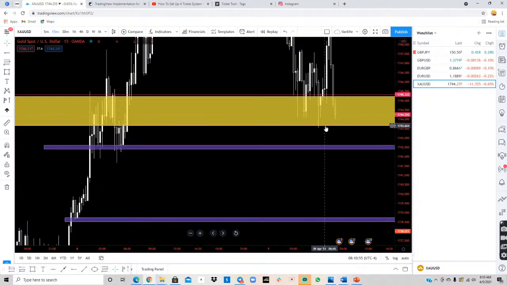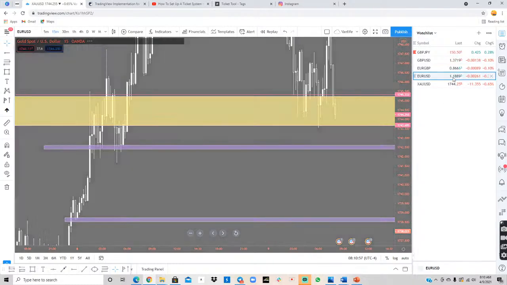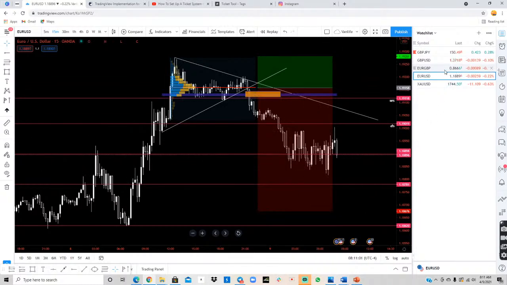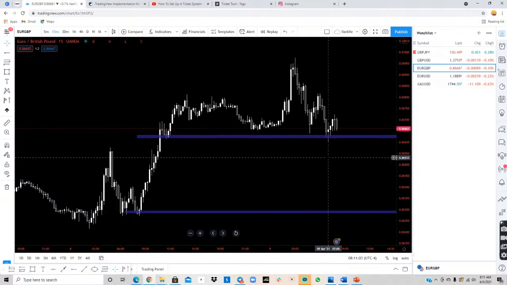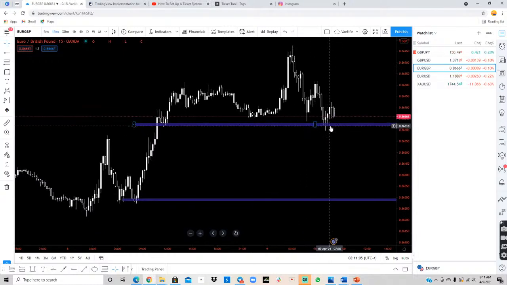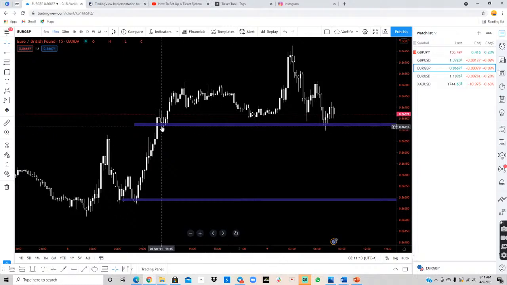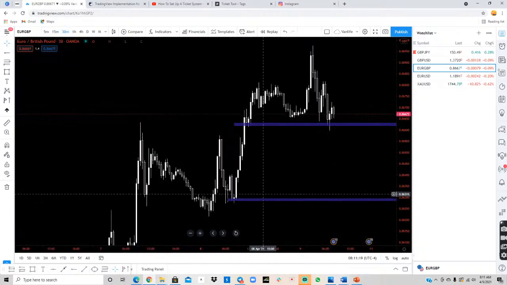So pretty much nothing is going on for gold at this moment. Euro USD is done for the day. Same goes for Euro GBP. Probably sells if we close below here, but I think better plays would have been from the London session. If price forms this way and breaks support, then we can actually mirror some of this move back down.